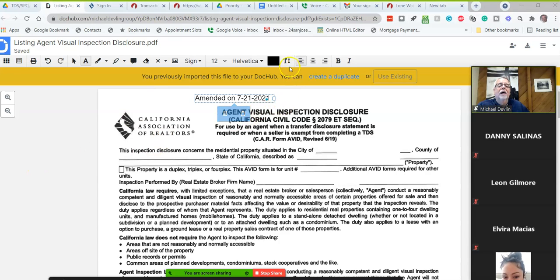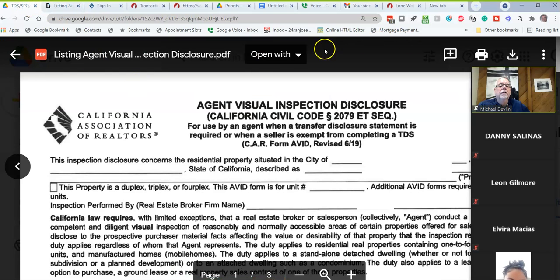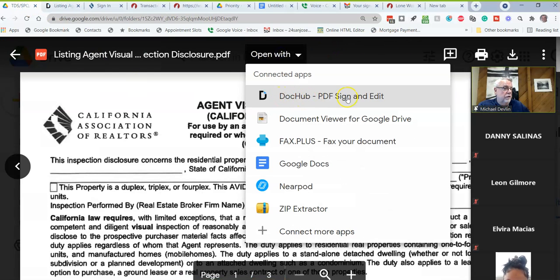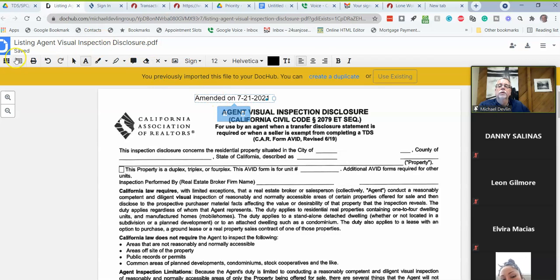So DocHub, when I open up this document, because I've installed DocHub, I have a choice that you may not have, right? And what DocHub allows me to do, see all these wonderful things here, it allows me to type on the PDF, this is a PDF form, right?